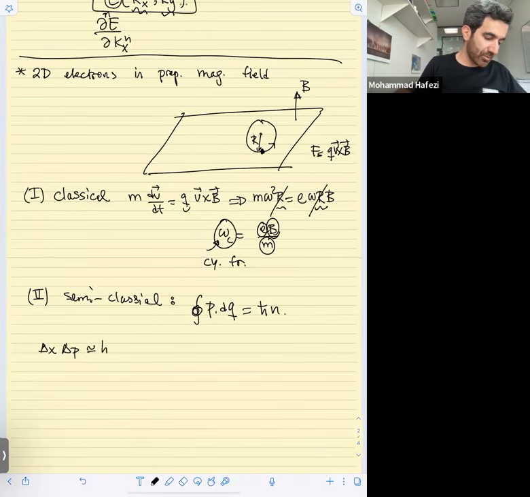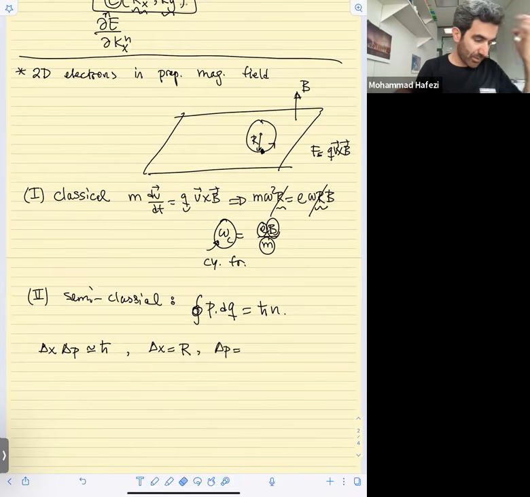So let's take that the smallest one should be of the order of h bar. So what is x? For the x, I just assume that that's the radius. And for the p, it would be mv, and v is just omega r. So this basically tells me that m omega r squared should be equal to h bar.